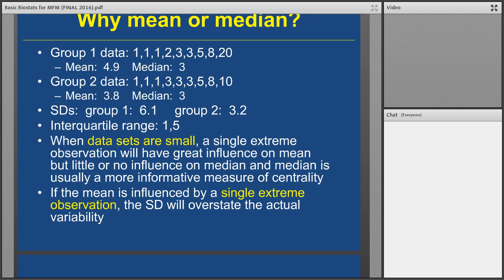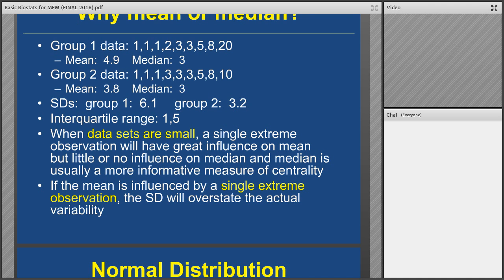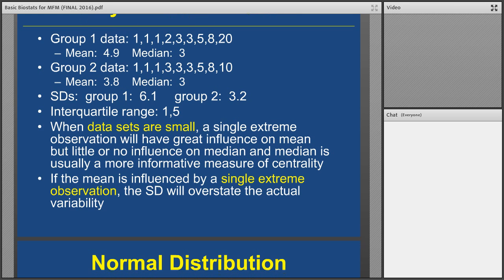The standard deviation for group 1 would be 6.1, whereas for group 2 it would be 3.2. And so group 1 data is being very affected by that one outlier of 20, whereas the group 2 data has less dispersion to it. The two have exactly the same interquartile ranges.